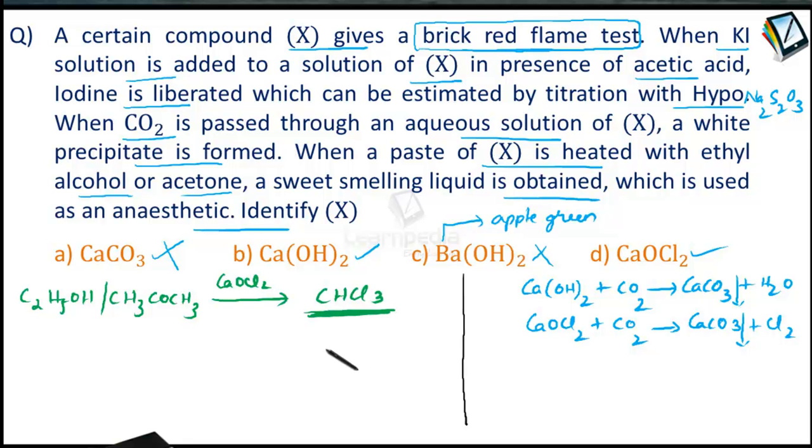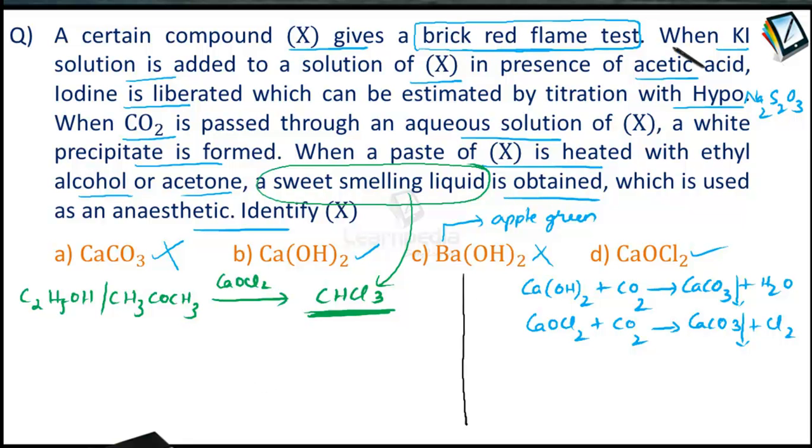The reaction takes place in several steps that you might have learned in organic chemistry. Here the final product formed is chloroform, which is a sweet smelling liquid. So this is another clear hint. Sweet smelling liquid which is used as anesthetic, that is chloroform. So definitely the answer is bleaching powder.